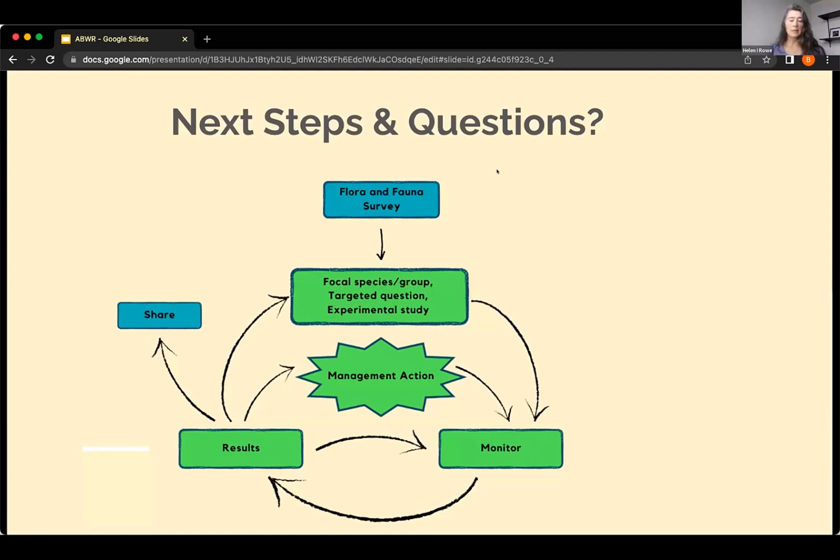That can lead us to even more management actions that we can think about for those species. So those are our next steps, and I want to open it up for questions.